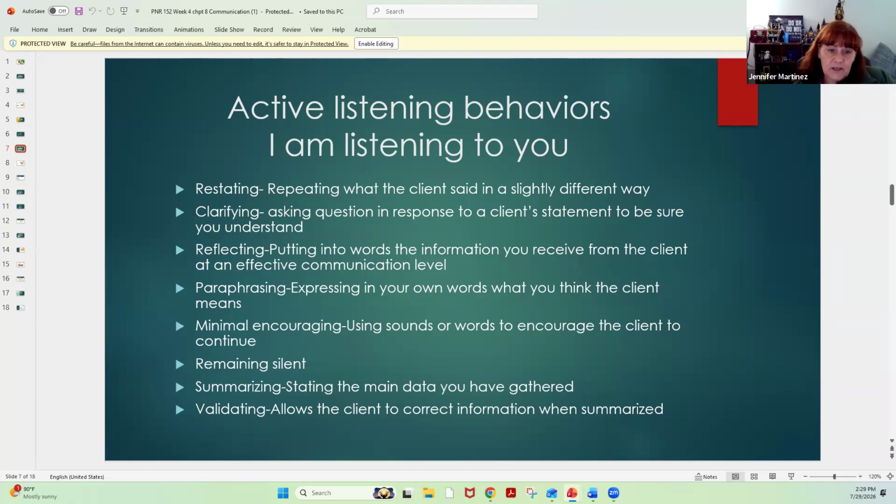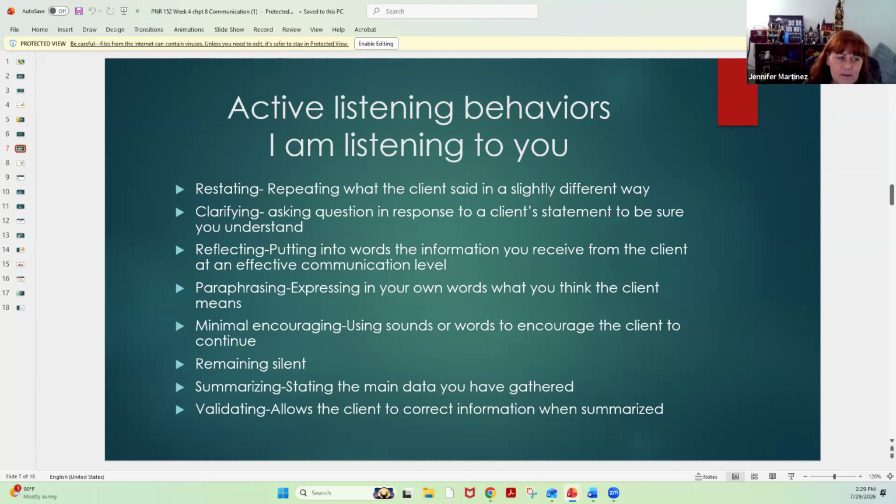It could be that person who just had that devastating diagnosis and they just need you to sit with them for a few minutes and be present, but really not say anything. So the more comfortable we get with silence, the less awkward it will feel.